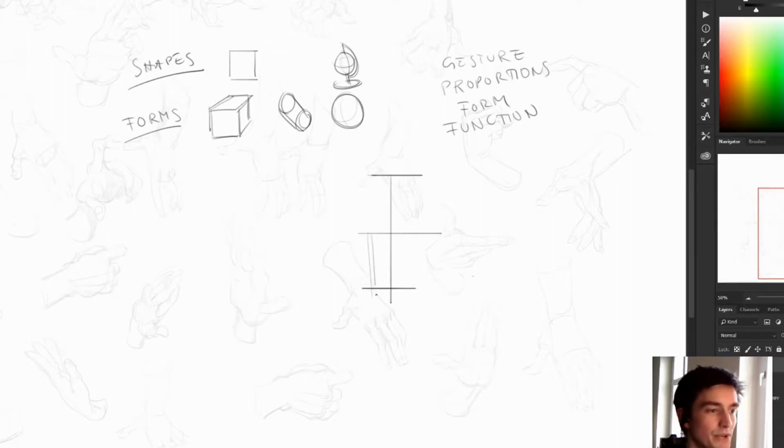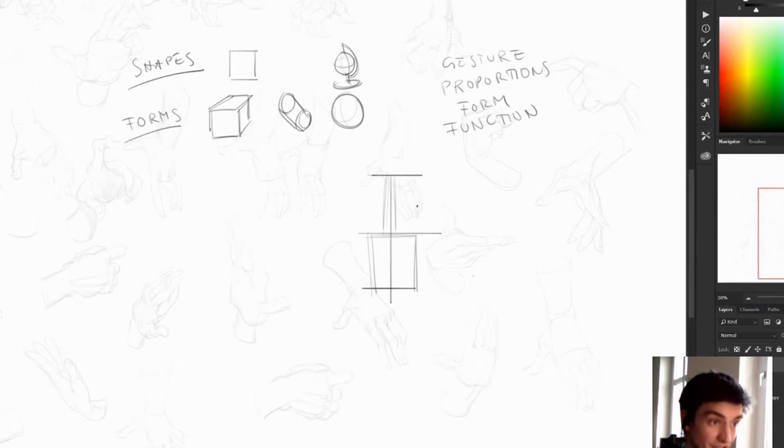So we say, okay, we have this shape, this rectangle, and this is going to be the flat of the hand, and then this right here is going to be our middle finger, essentially. And something interesting with proportions of the hand that we're going to get a bit deeper into, your fingers and the bones in your hand are not equal length. Logically, your little finger is called that for a reason, right?